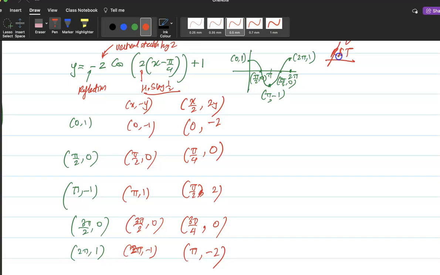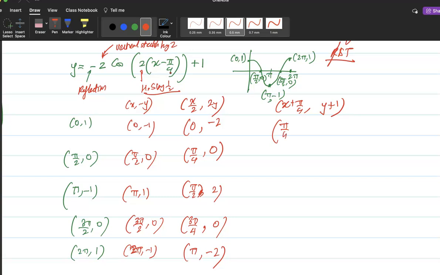This is done, and now you just have to translate it. Pi by 4 unit to the right, so you add pi by 4 to the x values.